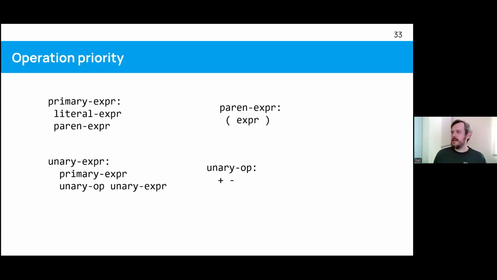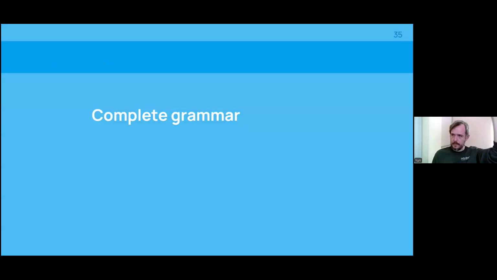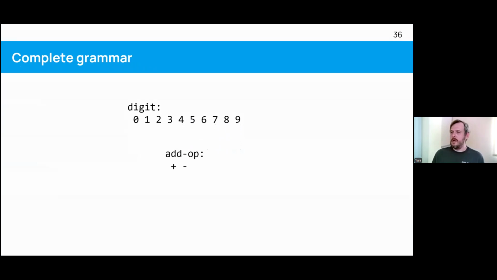Okay, so let's take a look at whatever we have so far in this specific grammar definition. We've got our digits, we've got our different kinds of operators.